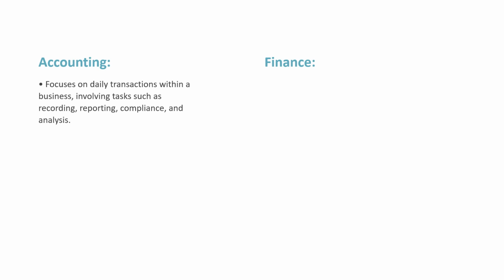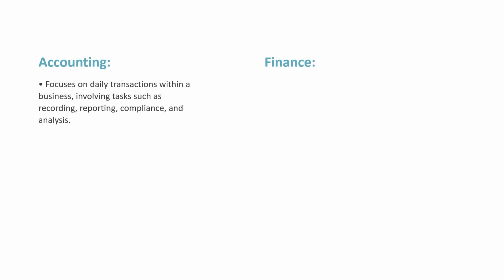Before we go further with types of accounting, let's briefly talk about the difference between finance and accounting. So we mentioned that accounting is more focused on recording, reporting, and analysis of day-to-day transactions.